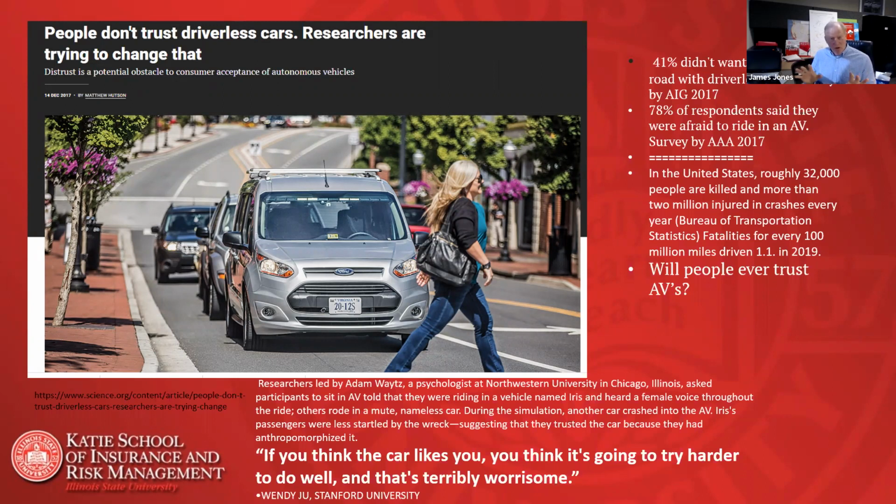And afterwards, people said they trusted the autonomous vehicle that they weren't driving at all, they're not even involved with. Some of them don't even have steering wheels. And they said they trusted it more if it was talking to them. Some of the respondents even said, well, I think it was trying its best. And one of the Stanford researchers said, if you think the car likes you, you think it's going to try harder to do well for you.